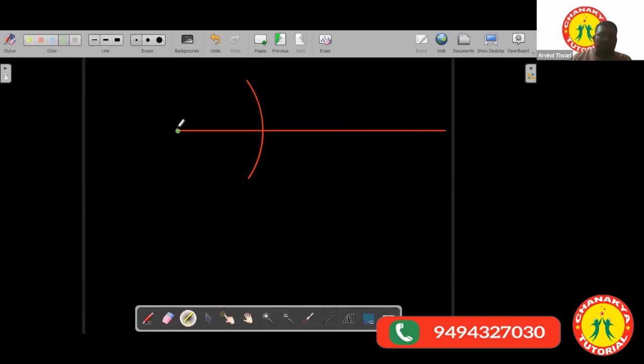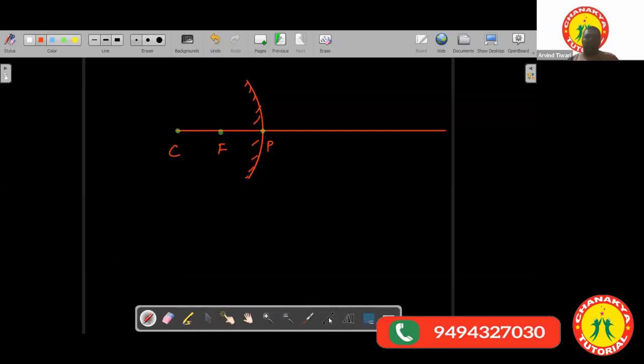You have a center of curvature, pole, focus. Mark everything, C, F, P, shade the mirror on the inner side so that it will be easy to identify what type of mirror it is.